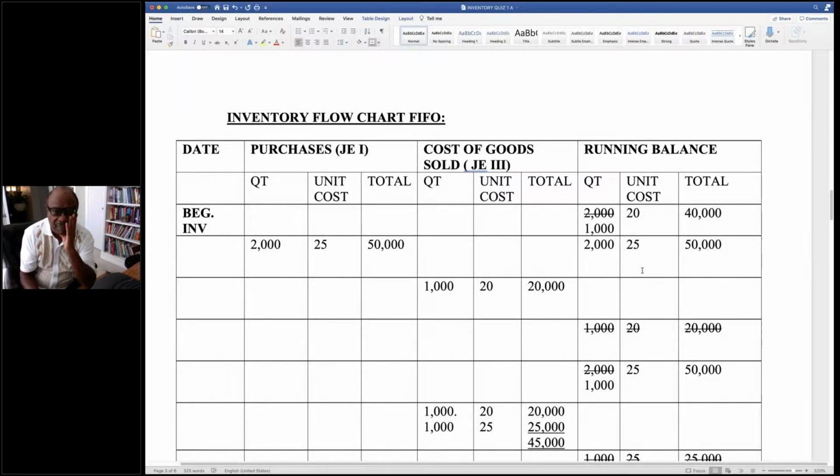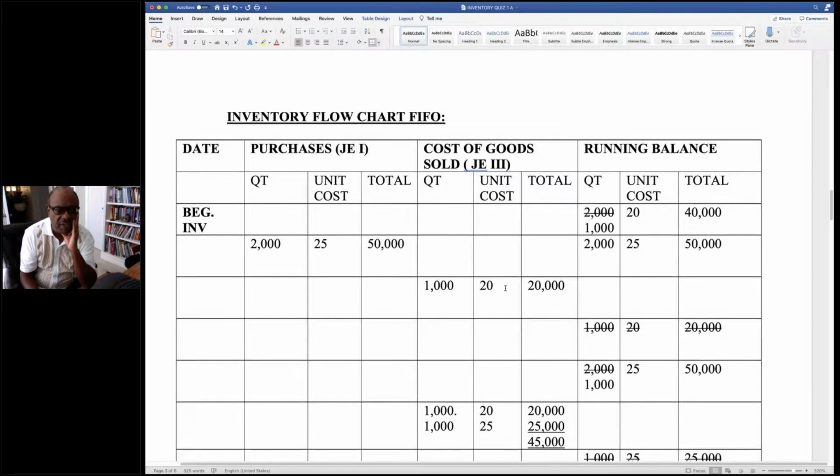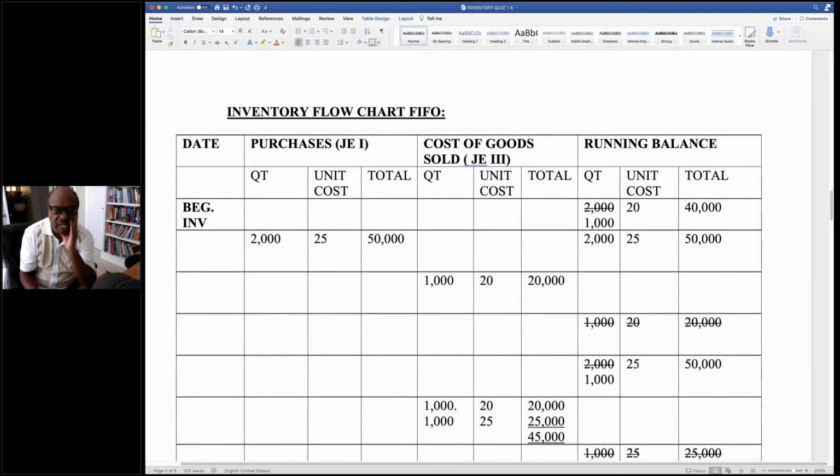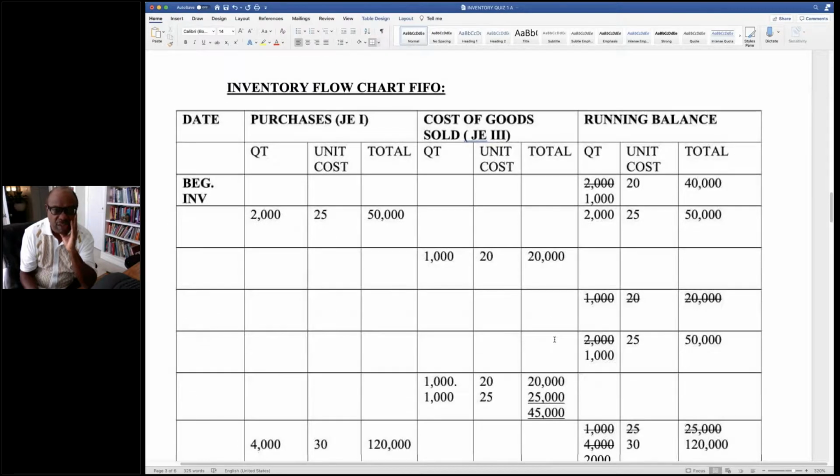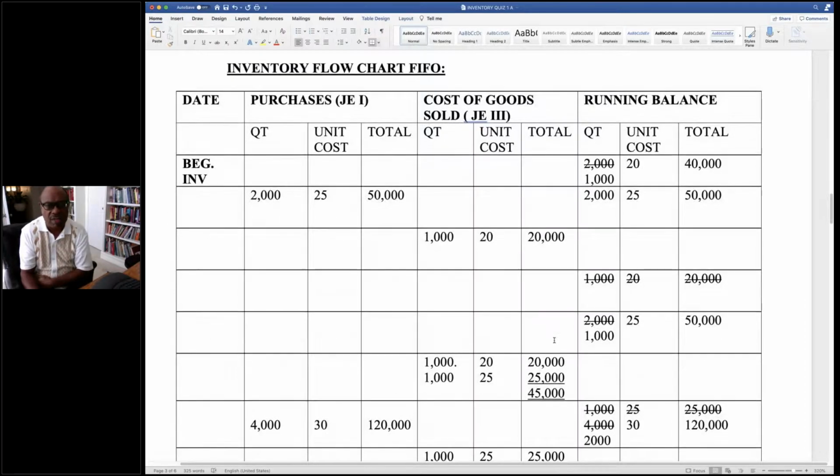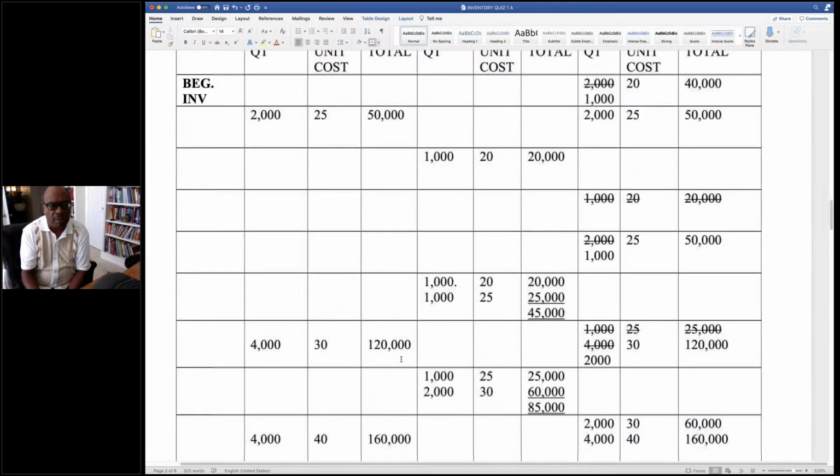So you've got a weighted average of 2,250. We made the sale at 2,250, and it will stay 2,250 here also. If you did two sales in a row, it's 2,250. But once you made this purchase, then you'd have a new weighted average based on the 30 and the 2,250.